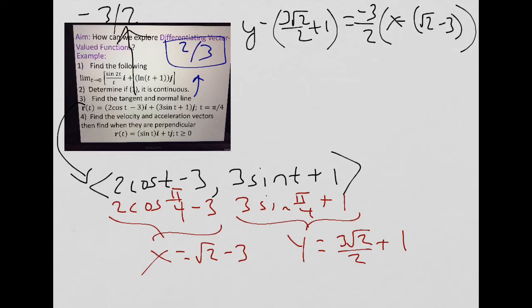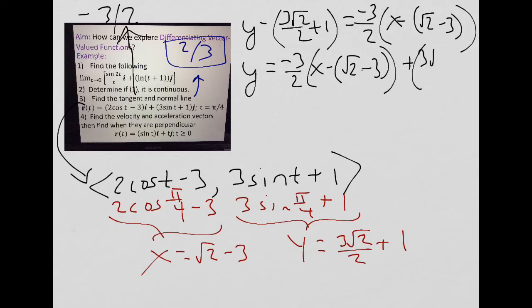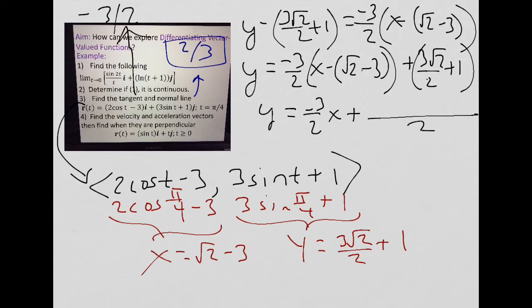Okay, I would say that we usually solve for y. And you can leave it like this, or some variation, where if you distribute and you make a common denominator of 2, we should get this as our answer.